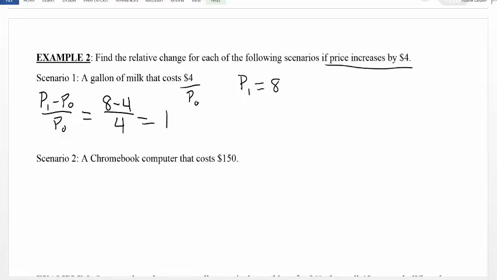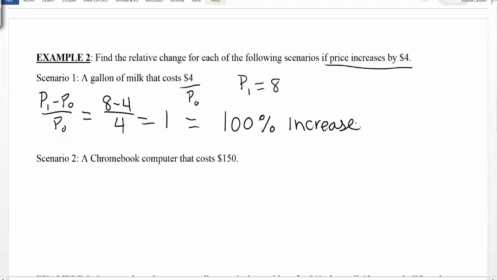So we usually have decimal numbers, but we don't have to. We still want to turn this into a percentage by multiplying by 100, and that's going to give me a 100% increase in price here. So that feels like a lot.